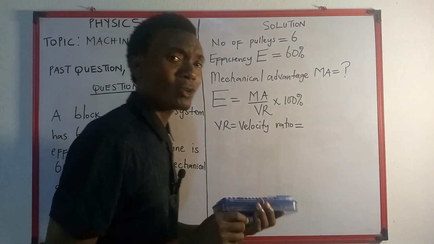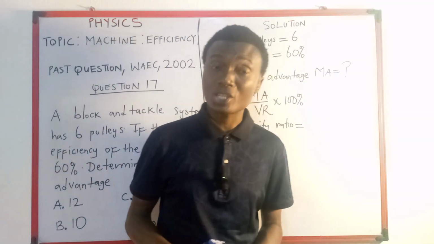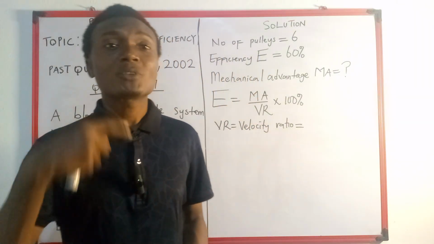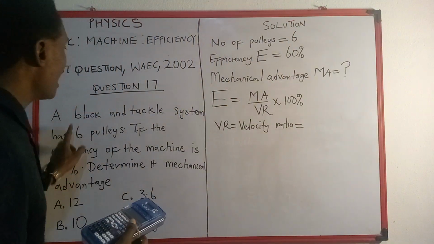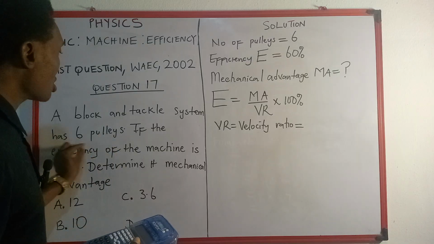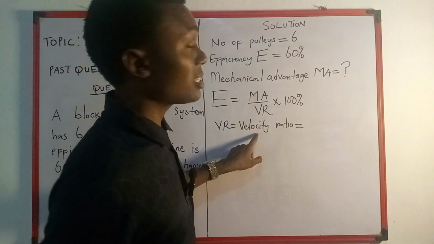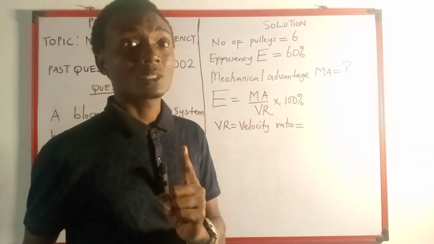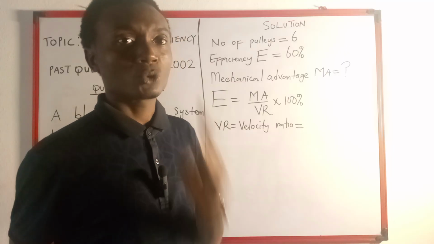Now anytime you are solving a question involving efficiency or a machine, once you see a block and tackle system has 6 pulleys, that 6 pulleys is the same thing as velocity ratio. Always take note. That 6 pulleys is the same thing as velocity ratio.